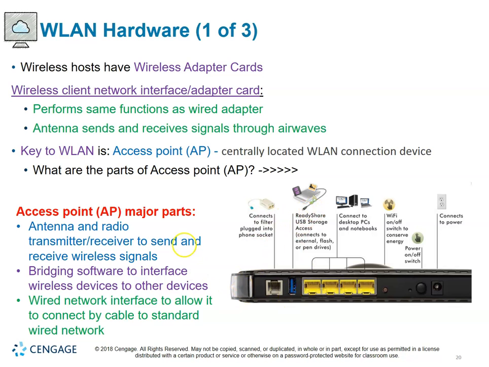This is a Ready Share USB storage access connection to external flash or pen drives. These are for direct connections, not using wireless, for direct connections into desktop PCs and notebooks. We have the on-off switch for Wi-Fi and the power switch for the router. So those are the key major parts of an access point.